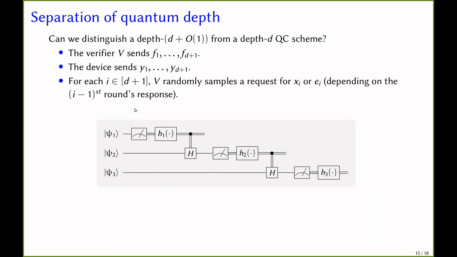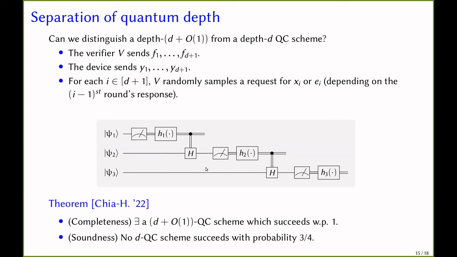And then the verifier sequentially asks the prover to give preimages or equations. And the prover performs controlled Hadamard gates in each step to win the protocol with good probability.